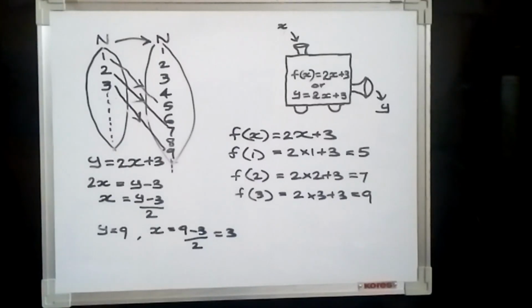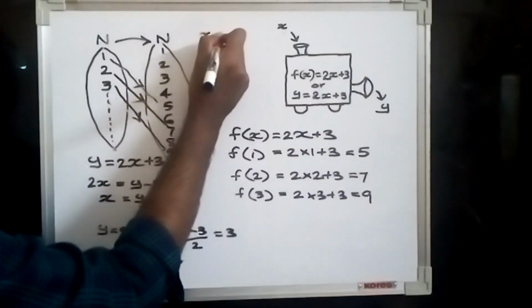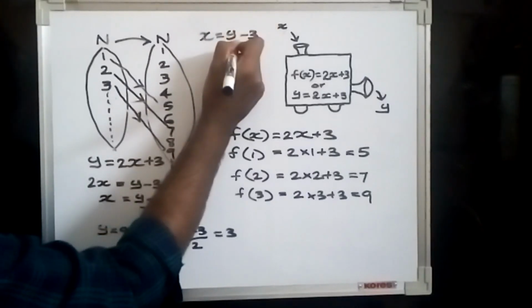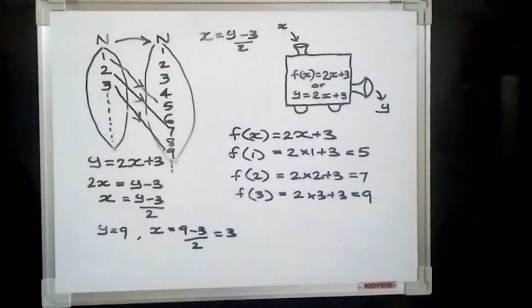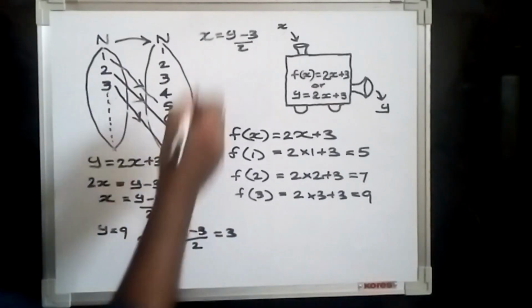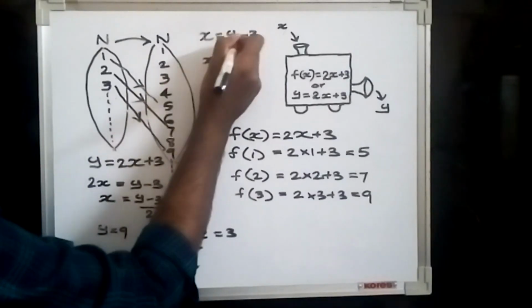For this, we have x equal to (y minus 3) divided by 2. When the output is 3, we have to substitute 3 for y.